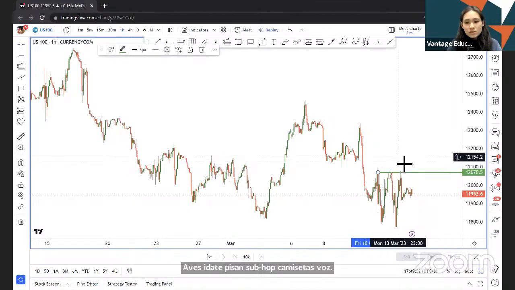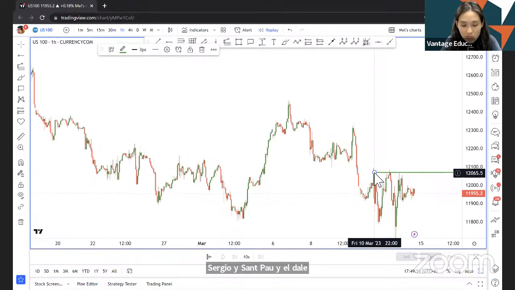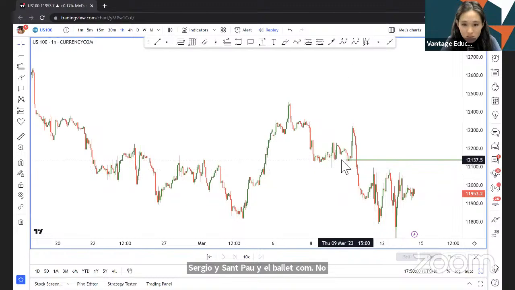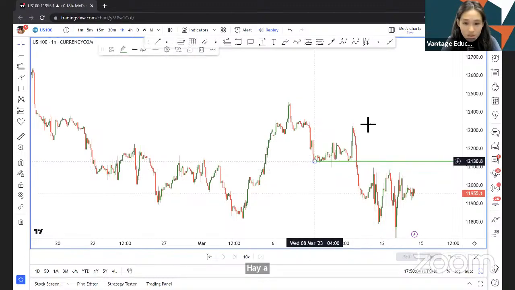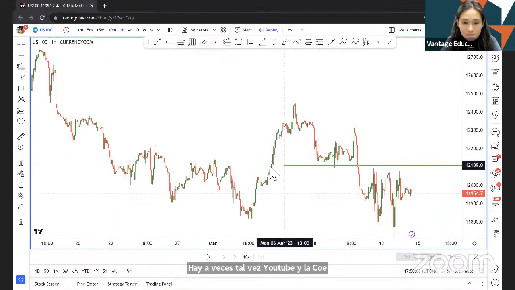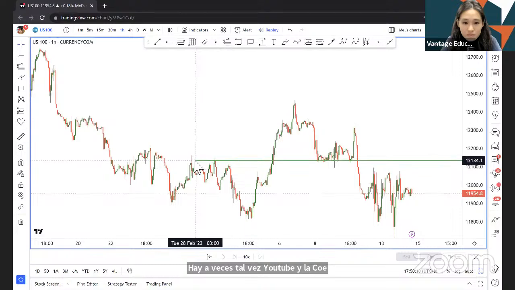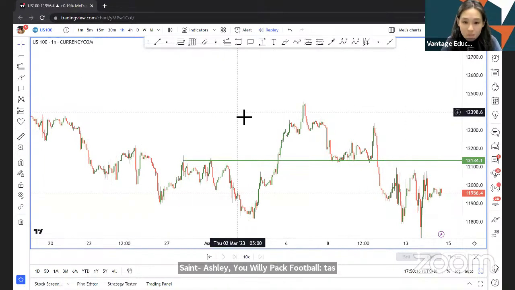So here, for example, could be a valid multiple swing high resistance. Here could be a valid swing low support level. And actually, if we pull it back further, that's why it's always important to pull back as far as you can.